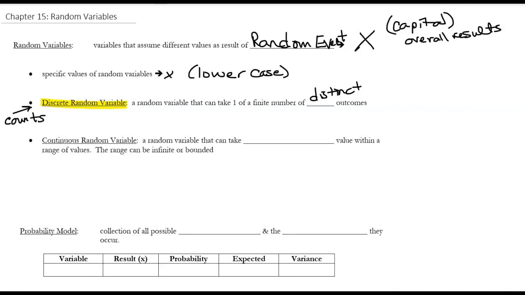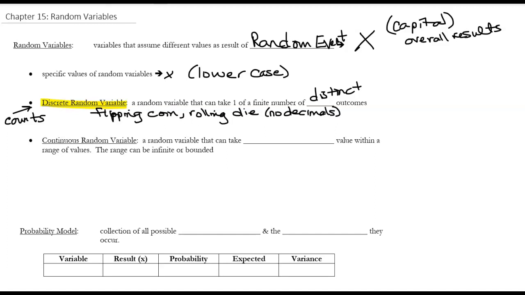It has a finite, exact answer. Flipping a coin is an example, because you can get either heads or tails. Rolling a die is another. Discrete variables are going to have no decimals.